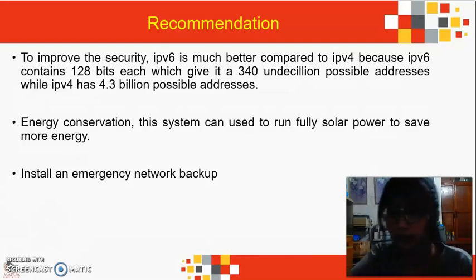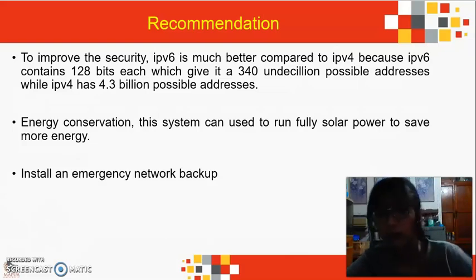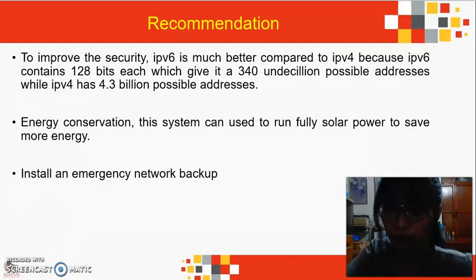The emergency network backup will have a great impact on the data security of the farm in case the main network loses connection to the internet. Routing process will then connect to the backup network, because the sensor uses a wireless network to pass data from each node to the main server of the farm or the farmer.